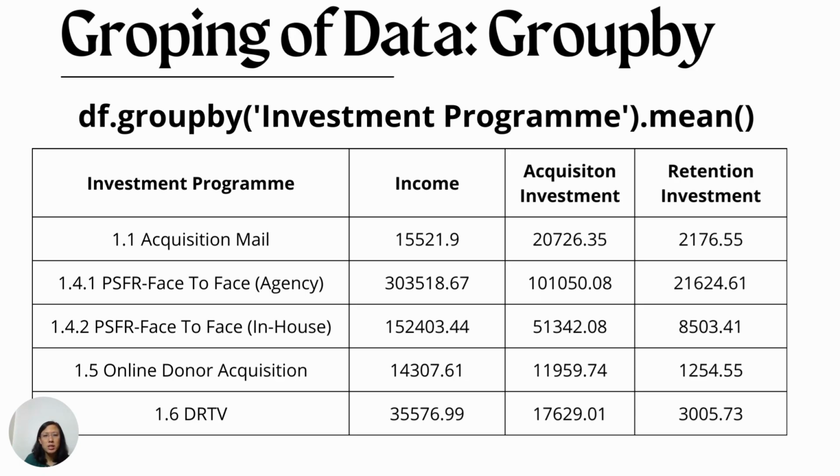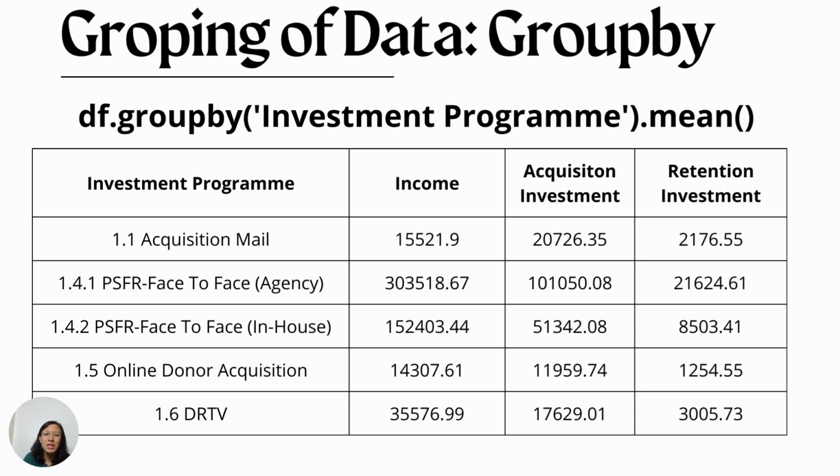Here you can see that income for the acquisition mail group is 50,521. Whereas the face-to-face agency group contributed 303,518. This is the average income coming from the face-to-face agency group program.